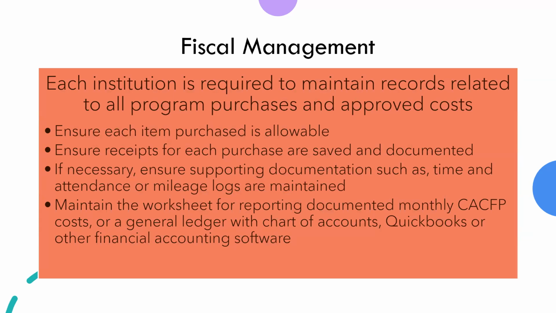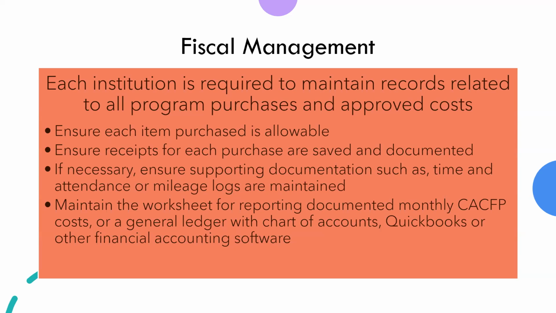If necessary, ensure supporting documentation such as time and attendance or mileage logs are maintained if you are using it for CACFP funds. And you still may want to maintain them even if you're not using it for CACFP funds, but if you are not using your reimbursement money to pay for mileage or their time, then you don't want to put any CACFP documentation on those receipts or on those documentations.